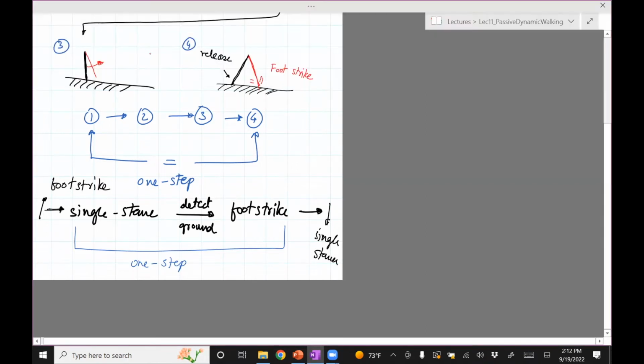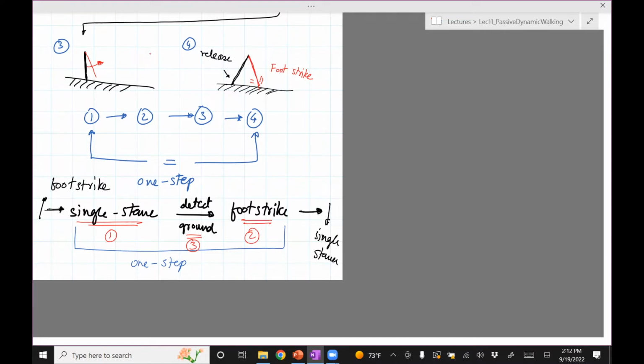So it's clear that we need to write the equations for this. We need to write the equations for foot strike, and then we need to write the equations for detecting the ground, which is actually just a geometric condition. When the foot hits the ground, the height is 0, right? So we'll try to write the equations for single stance, for foot strike, and for detecting the ground.